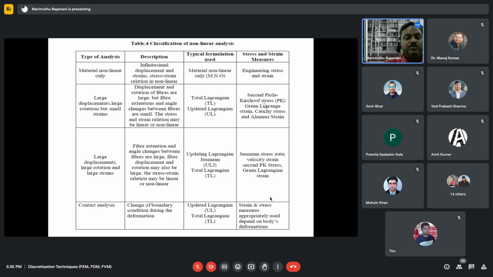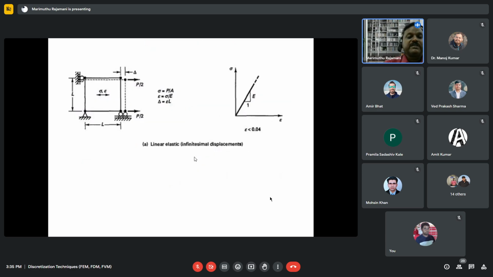You should use the right pair while formulating. And contact analysis involves change of boundary conditions during the deformation. Okay, this is only to show you that such things are there, and this is a simple way to explain.